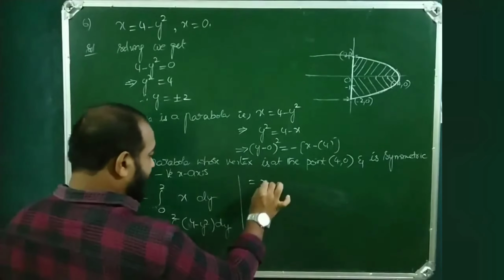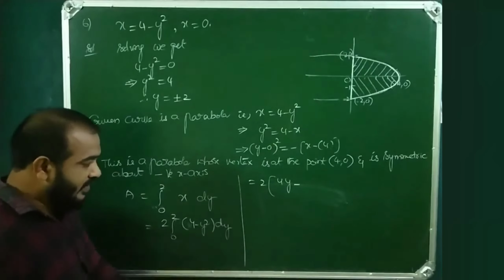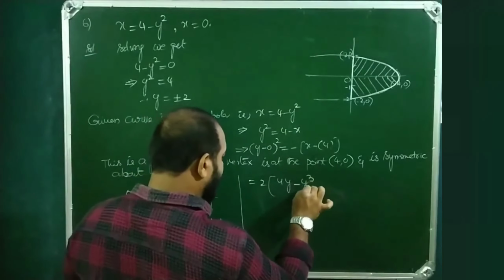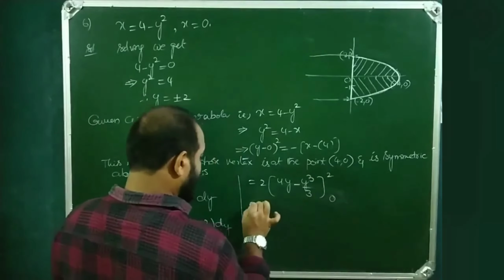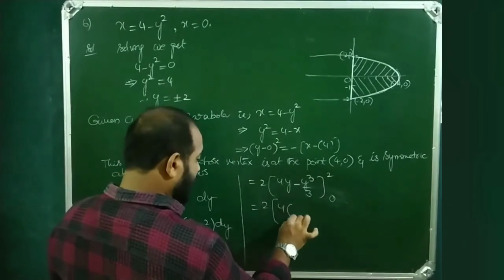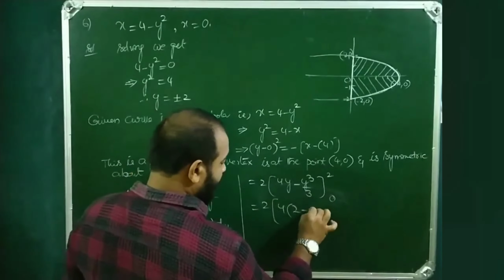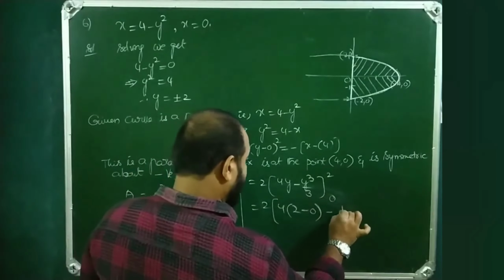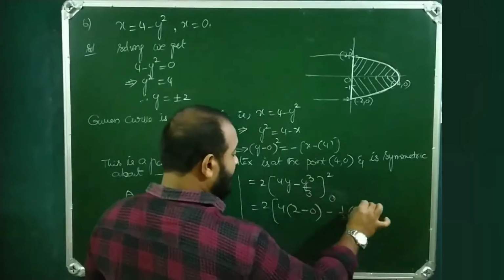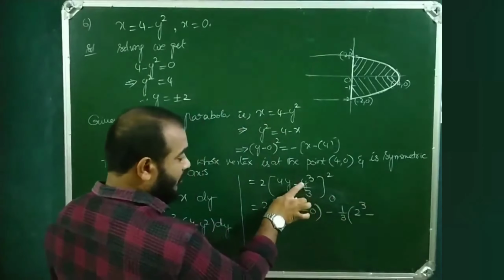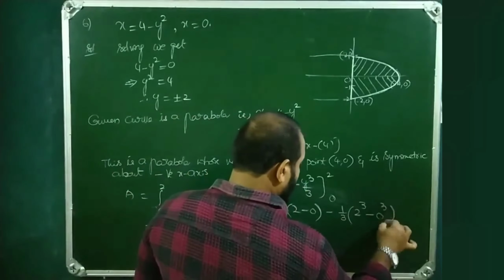Integral of 4 dy is 4y minus integral of y square dy is y cube by 3, from 0 to 2. So 2 into 4 in the place of y upper limit 2, minus in the place of y lower limit 0, minus 1 by 3 in the place of y upper limit 2, its cube, minus y lower limit 0 cube.